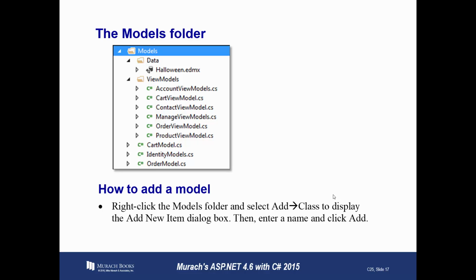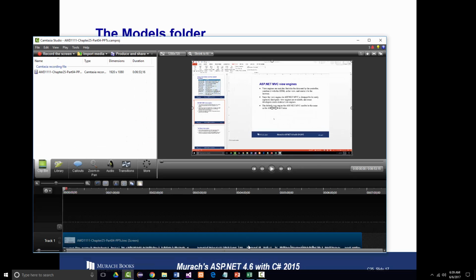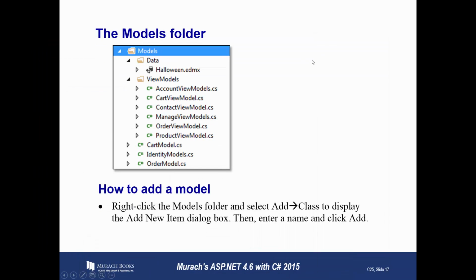The view model files in the view models folder are what are known as lightweight objects. In other words, they're used to transfer data to the view. They're not required, but they're often seen when you are working with model view controller applications, because they make many of the MVC tasks easier.